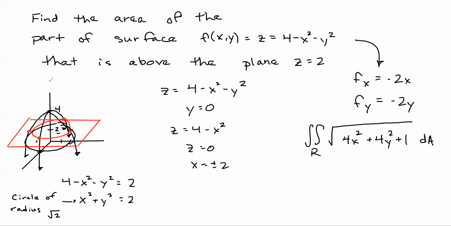The way to think about these R regions is it's what you'd see if you just looked straight down the z-axis. That's what you're going to integrate over. So if you took this red circle and extended it downward onto the xy plane, you'd get a circle that is x squared plus y squared equals 2 on the xy plane. I just want to make sure that's clear.